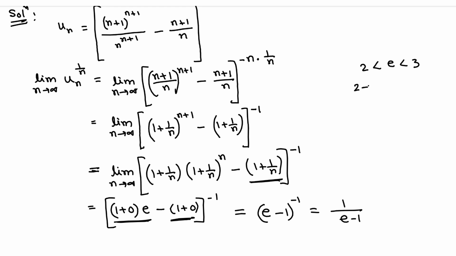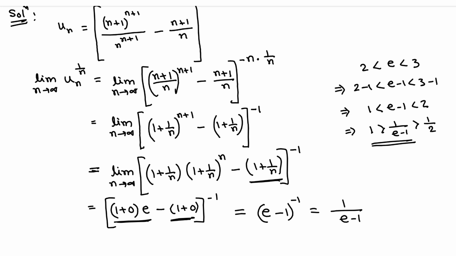So 2 minus 1 less than e minus 1 less than 3 minus 1, which implies 1 less than e minus 1 less than 2. Now inverse: 1 greater than 1 by e minus 1 greater than half. So from this expression, 1 by e minus 1 is less than 1.